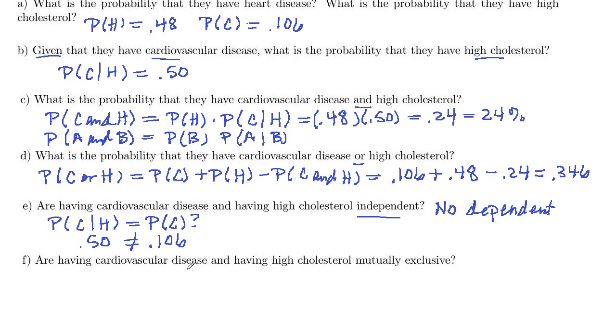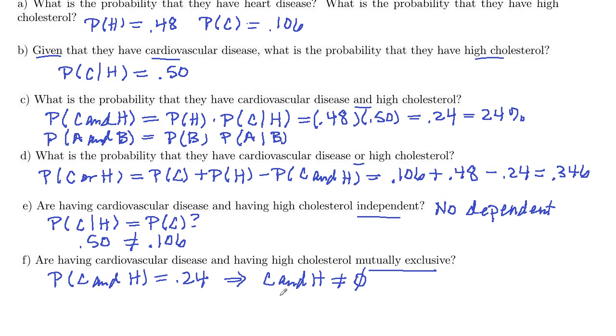The probability changes given that another event has occurred. Are having cardiovascular disease and having high cholesterol mutually exclusive? So we want to see, is there any overlap? Well, we figured the overlap probability of C and H here, and it was 0.24. So probability of C and H, the overlap, equals 0.24. So that tells us that the overlap, C and H, is not equal to the empty set.